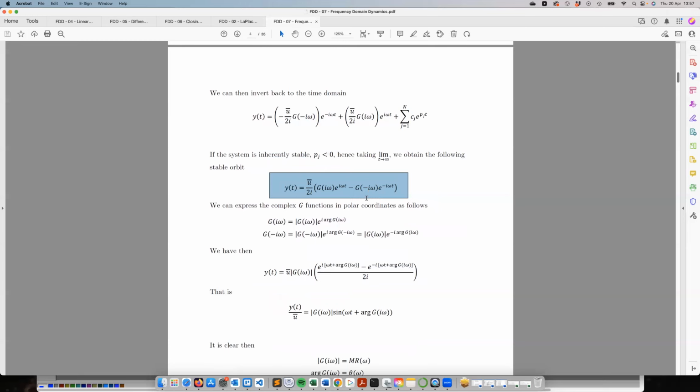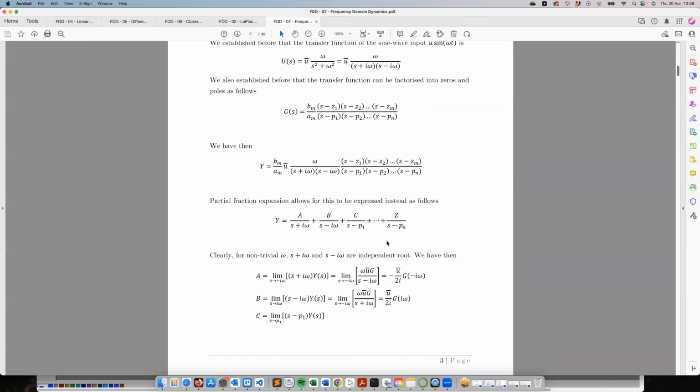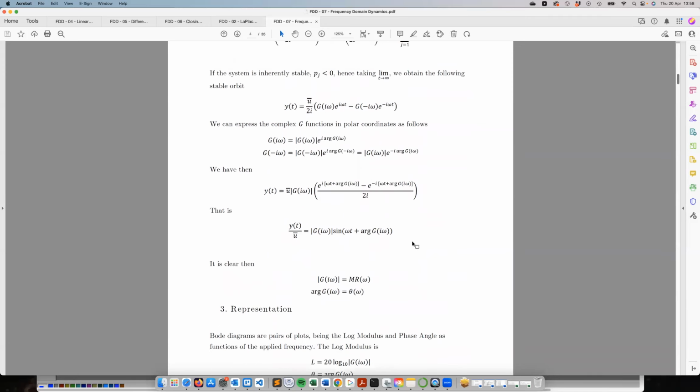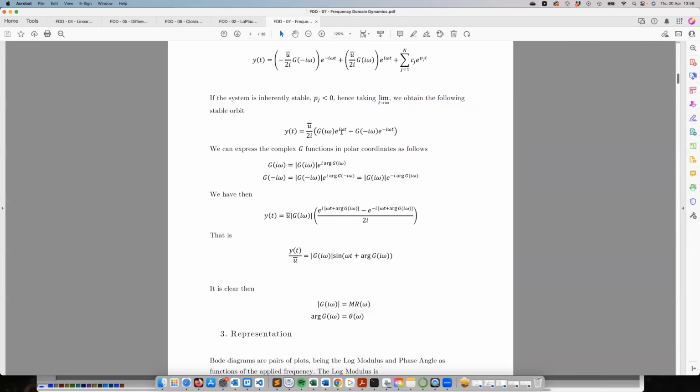And if you look at this equation, you can see that we can represent this differently. So first off, we can look at each of these functions. So g of i omega, if we just expand that, right? Sorry, I'm not trying to do a multiplication here. I'm just saying here, g of i omega, we know we can rewrite it in polar coordinates like this.